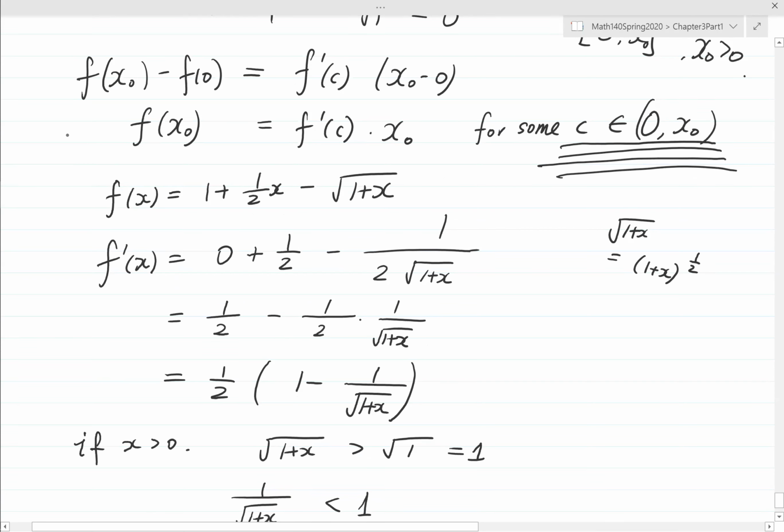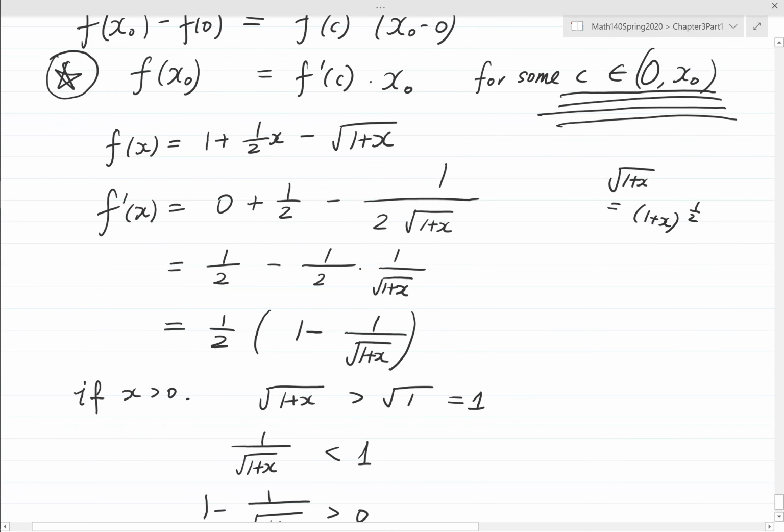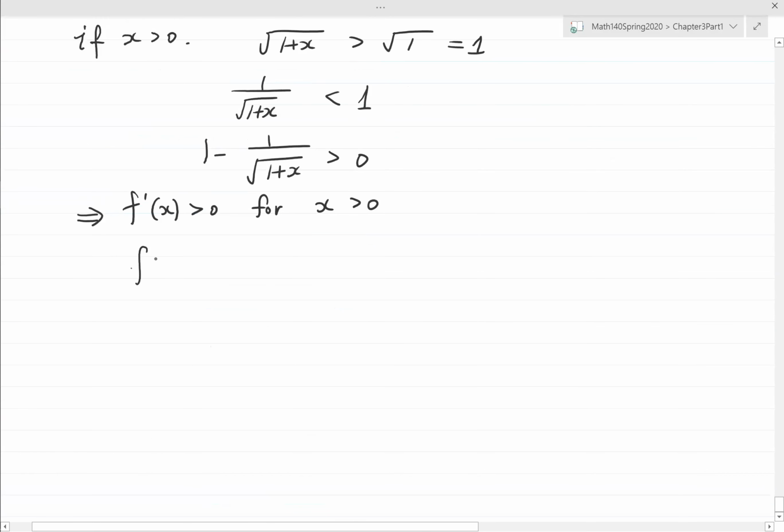Let's use equation 1 and equation star. From equation star, we know, so let's just write equation star: f(x0) is f derivative at c times x0.